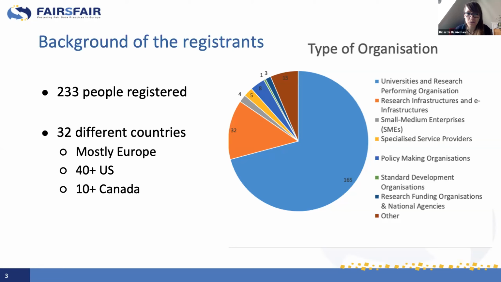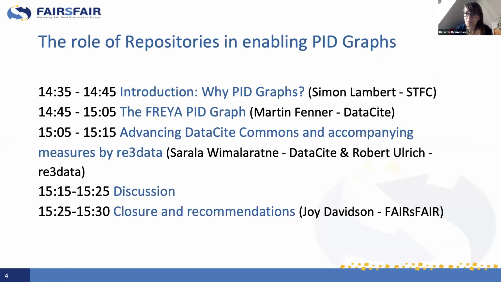We hope that we have an interesting program for you, and we can exchange a little bit about the role and importance of persistent identifiers and PID graphs for repositories. This is the program that we have today. We will first have an introduction about PID graphs from Simon Lambert, and then Martin Fenner is going to talk about the FREYA PID graph. After that, we'll hear from Robert Ulrich about the DataCite comments and how this is advanced by accompanying measures from Re3data.